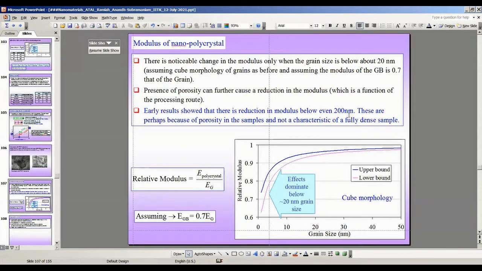Now, the modulus of a polycrystal also decreases, like we saw with the density. The modulus of the polycrystal also decreases because of the presence of these defects, which are the grain boundaries and other things. Normally you would have thought of the elastic modulus or the Young's modulus as in the case of an isotropic material, because Young's modulus and Poisson's ratio are used in the context of polycrystalline, what you call isotropic materials.